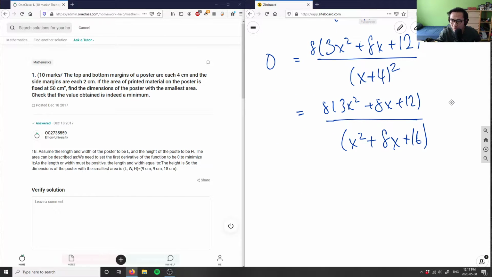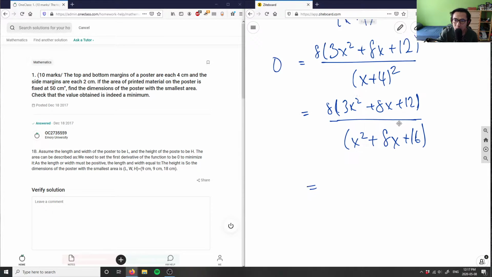I don't know if I can cancel these two terms out here. But because 8 here is a separate term, I can cross out, I can divide out these two terms to get 3. I can cross out this 8 term here, and this 12 is simply just 12 over 16 here.